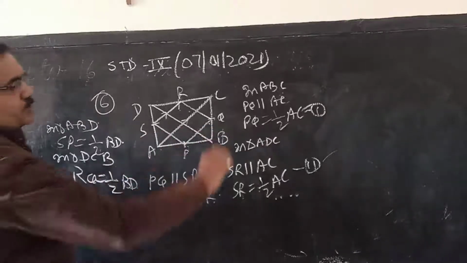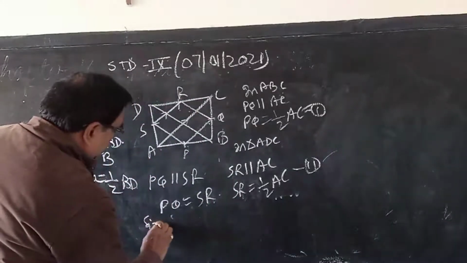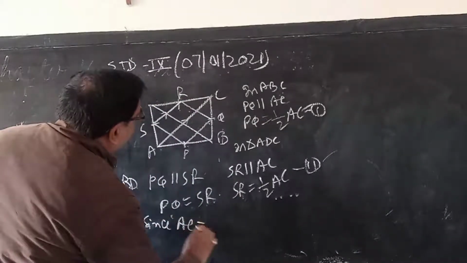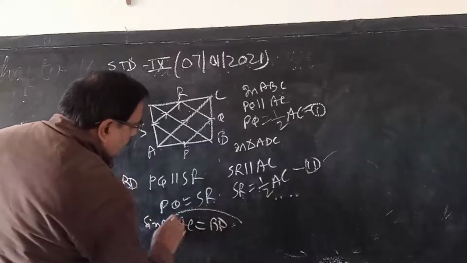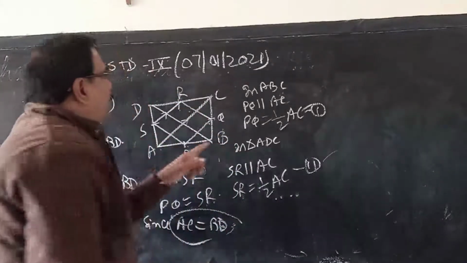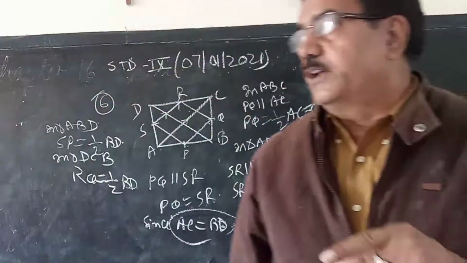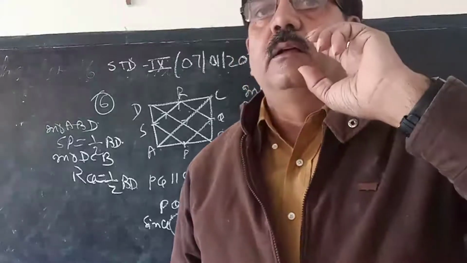Since the diagonals of a square are equal, AC is equal to BD. So diagonals are equal means all sides are equal. PQ equal to RQ equal to SR equal to SP. Hence all sides are equal, it means it is a square.